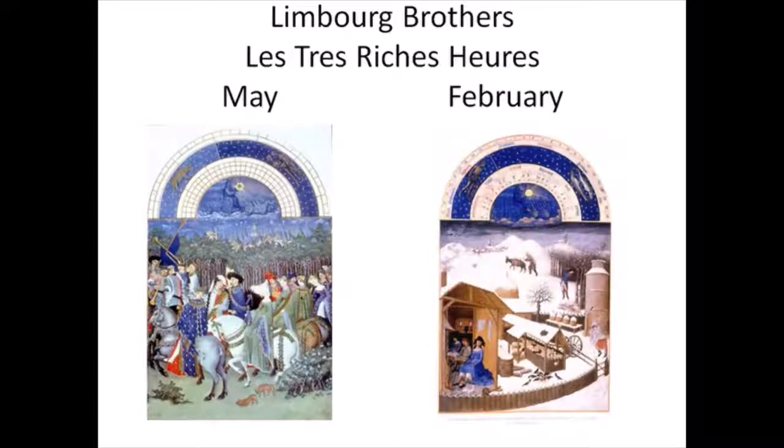It's thought that the man in the center in blue with that big furry hat on his head is the Duke of Berry himself. In the background is one of the Duke's many, many castles, because one castle is never enough. On the right-hand side, you have the page for the month of February, so of course it's an appropriate winter scene.